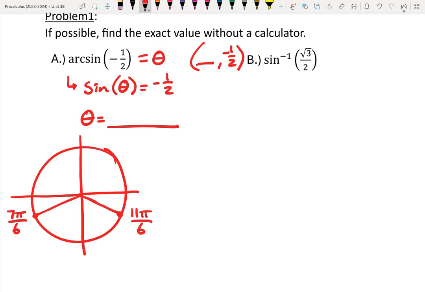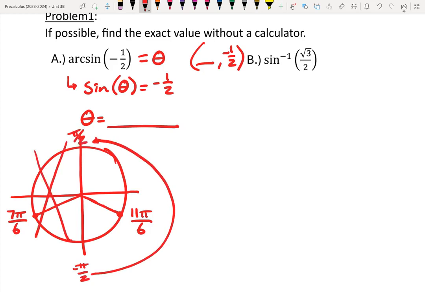However, we had a restriction on sine inverse. Which two quadrants do we use for sine inverse? 1 and 4, because we go from negative pi over 2 all the way around to pi over 2. So I don't want anything from quadrant 2 or 3, so 7 pi over 6 is not the answer I want. It will be 11 pi over 6.